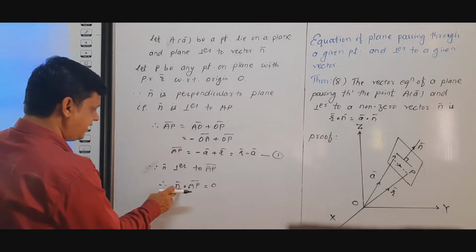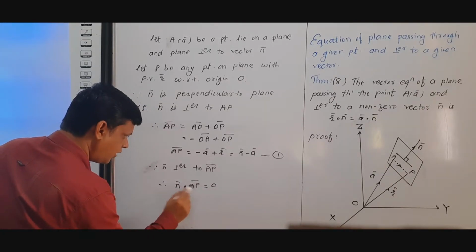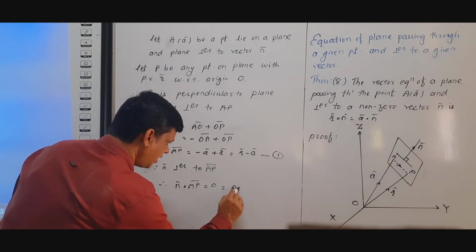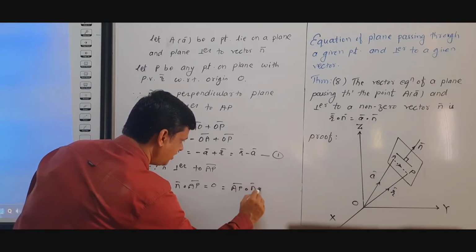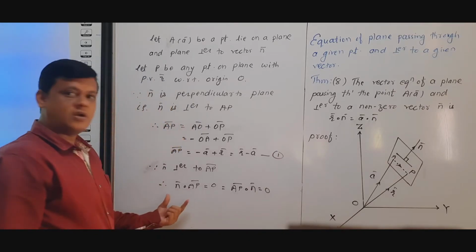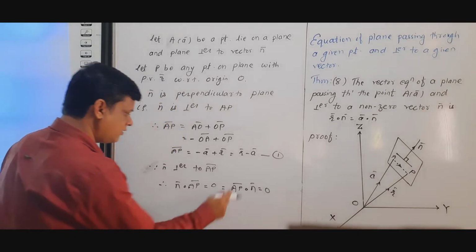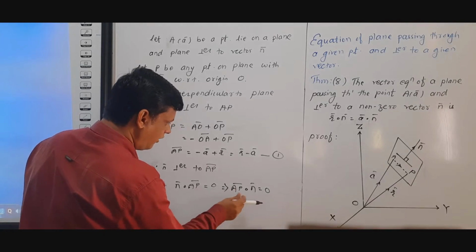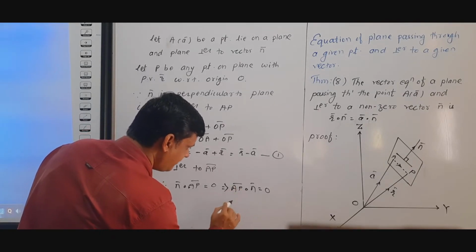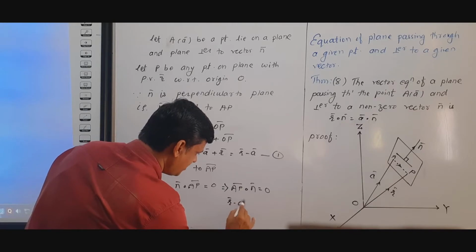Or you can write this also, AP bar dot n bar is equal to 0, because dot product is commutative. So we write this form. So AP bar we write as r bar minus a bar.